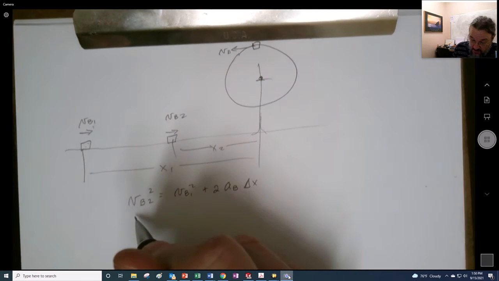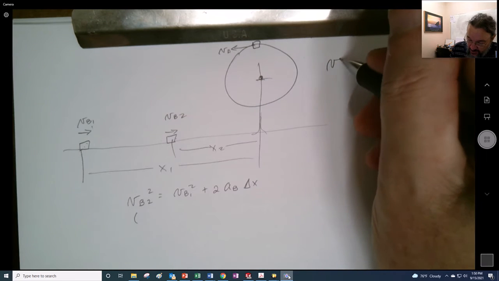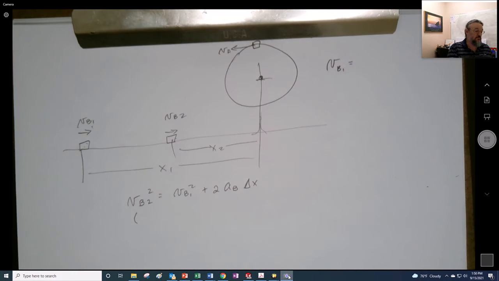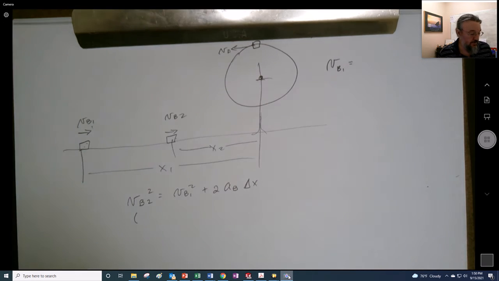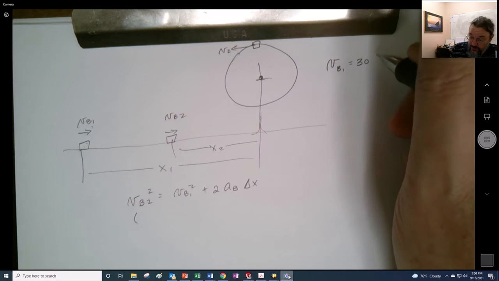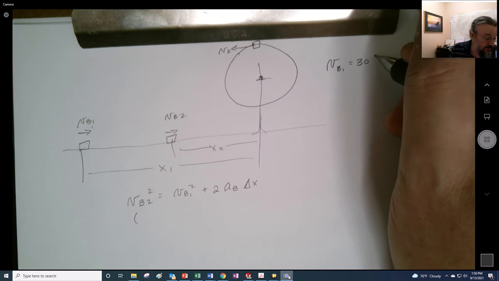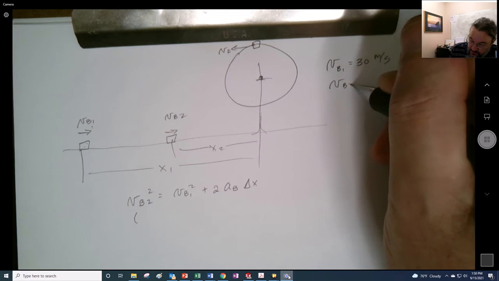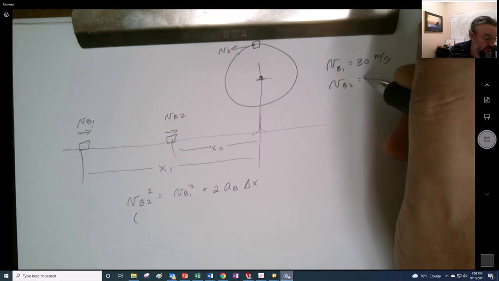All right, so the values that I used, let me write these out. What values did I use initially for my original problem? I said this was 30 meters per second, and VB2, I think he drops down to 20.